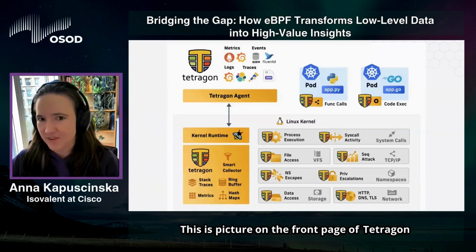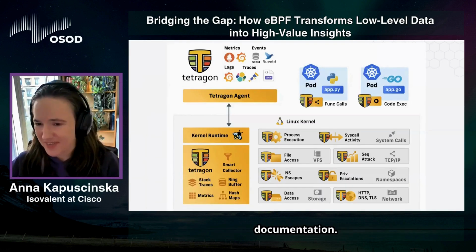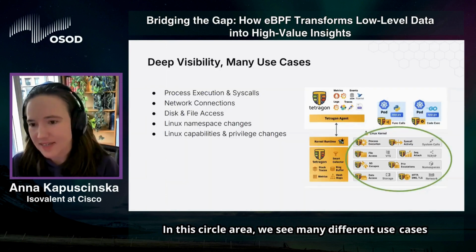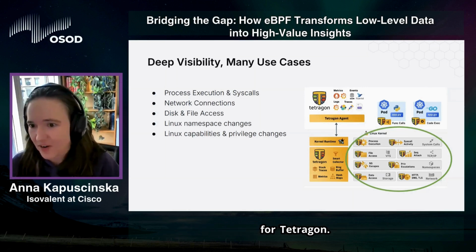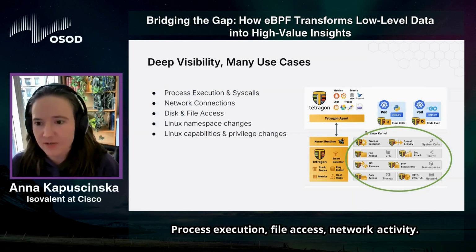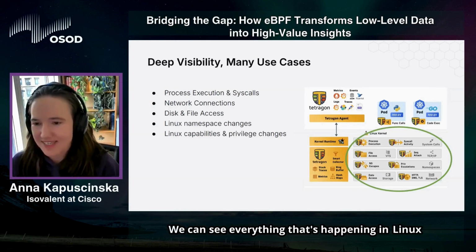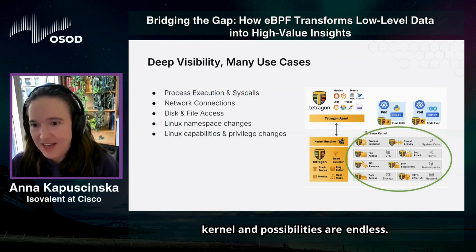This is a picture from the front page of the Tetragon documentation. In this circled area, we see many different use cases for Tetragon: process execution, file access, network activity. We can see everything that's happening in the Linux kernel, and the possibilities are endless.